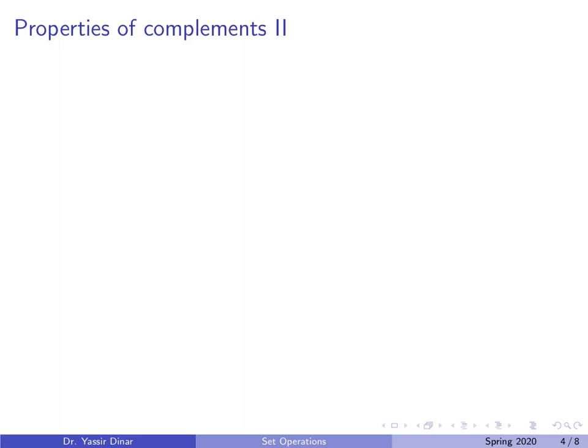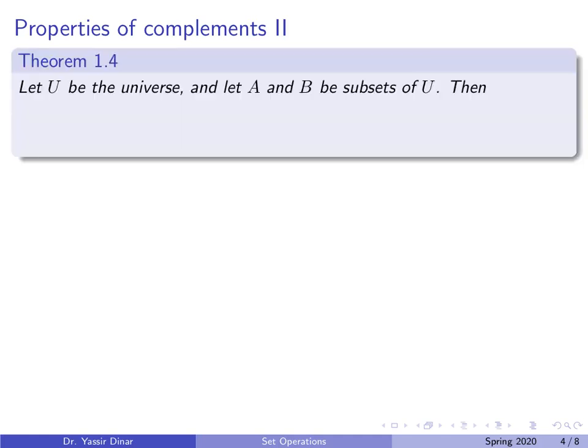Here we discuss properties of the complements, but now these properties involve two sets instead of just one set. Let U be the universe, and let A and B be subsets of my universe U. Then the difference between the two sets can be written as the set A intersection the complement of B, the first property.